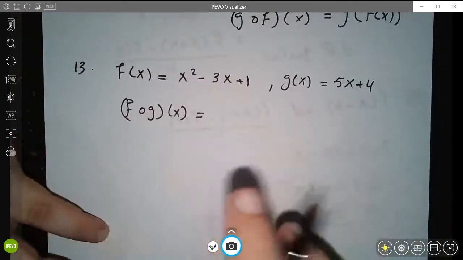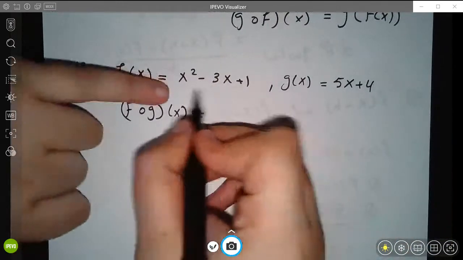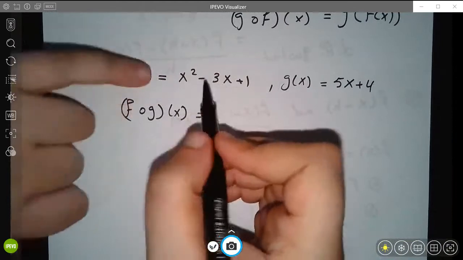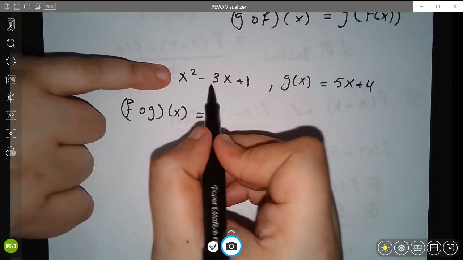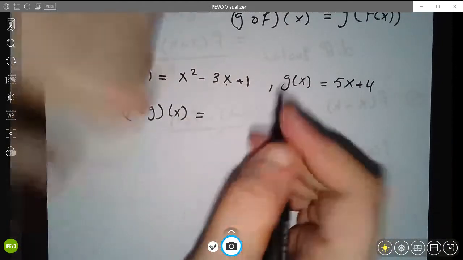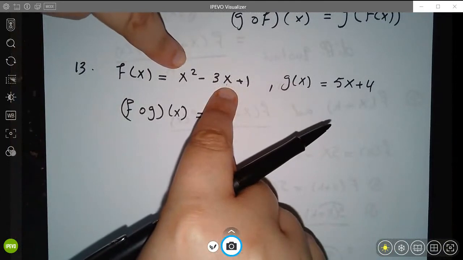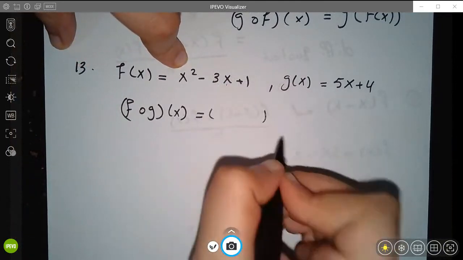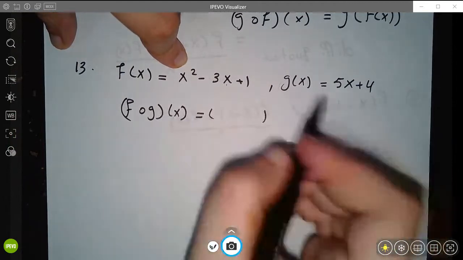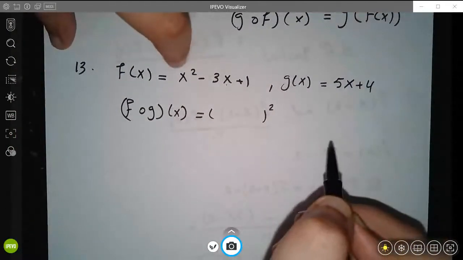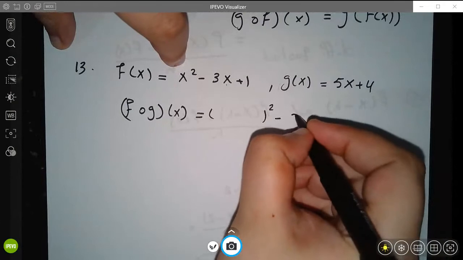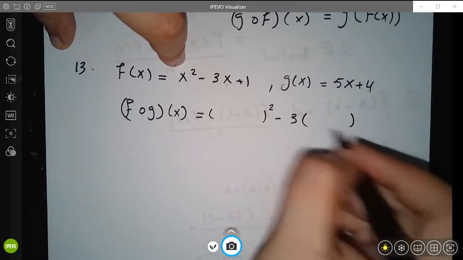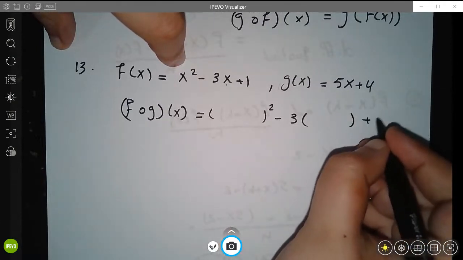That one looks like this. You write the f of x function, which is x squared minus 3x plus 1. So you have two x's here that you need to change. So I'm going to write parentheses with a big space in between, squared instead of the first one, minus 3 times another big pair of parentheses, plus 1.